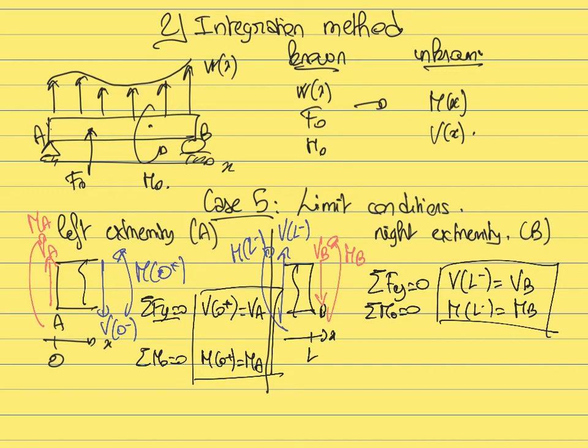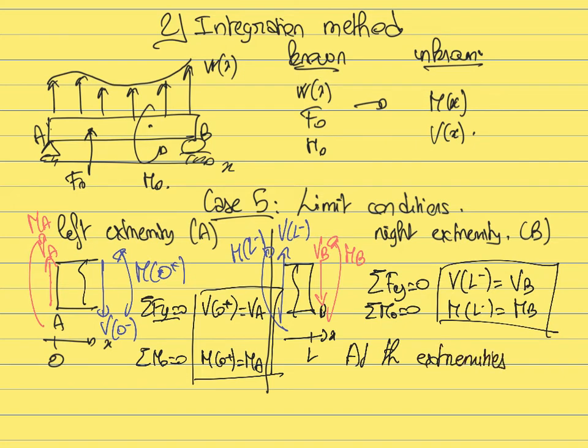But now what we see is that when you are at the edges, at the extremity, and that's only valid at the extremities, then the internal shear and the internal moment become equal to the external shear and the external moment. Again, only valid at the extremities. That's what we call the limit condition.